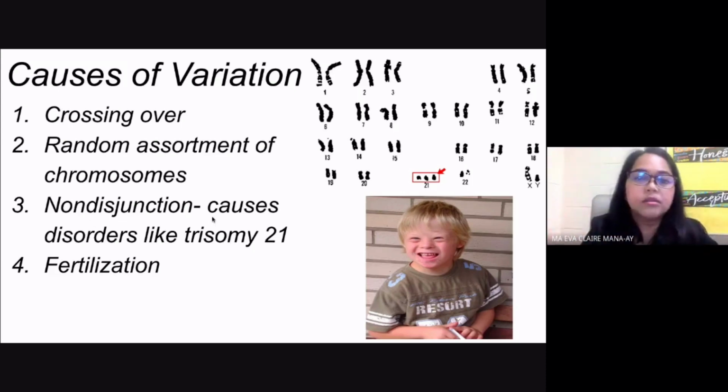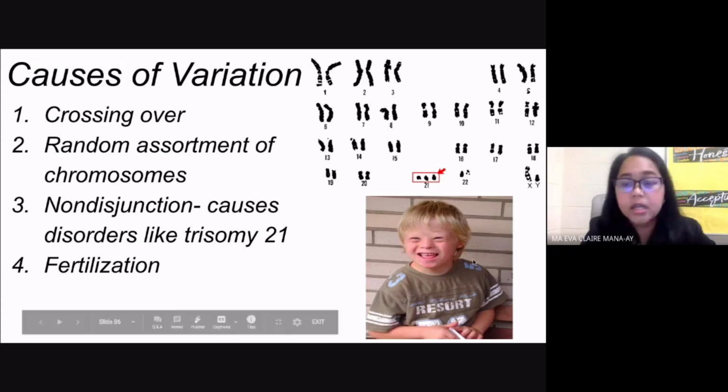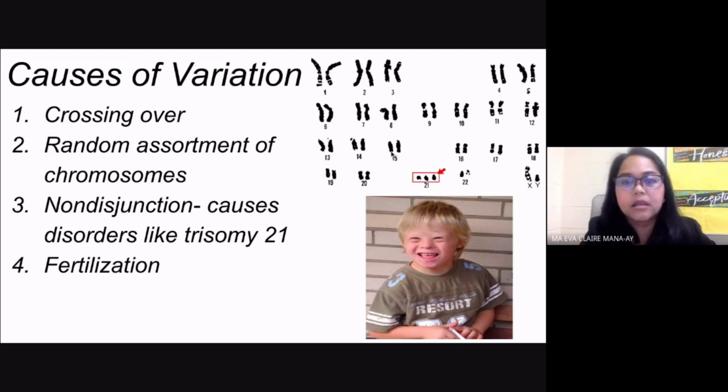And this would cause disorders like trisomy 21, or what we call mongoloids. So this little guy here is actually a person. This is a boy with trisomy 21. We'd sometimes call him a mongoloid. He's suffering from trisomy 21. That means your chromosome 21 has 3 copies instead of just 2 copies.